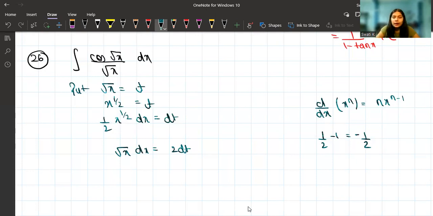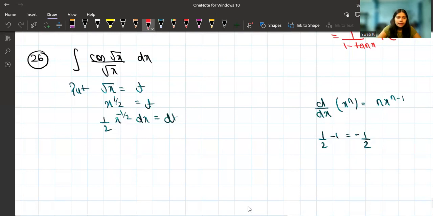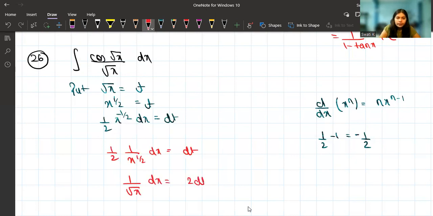Anyway, so it is minus 1 upon 2, right? So this is minus 1 upon 2. That means I can rewrite around this as 1 upon 2 as it is. This is x raised to minus half. That means 1 upon x raised to half using the property of exponent. And this will become 1 upon root x dx equals 2 dt.